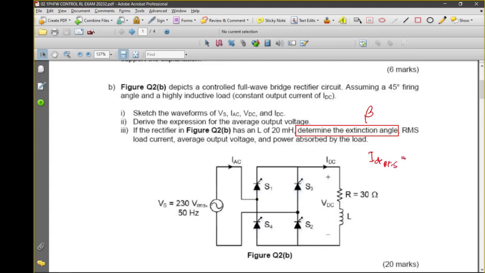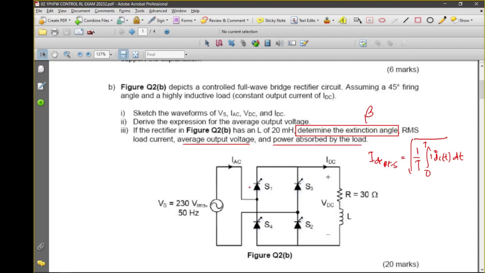Okay, so that will be equal to the root of the mean, which is 1 over T, you integrate through to T, the output current IDC(t) dt, you square the current, isn't it? So that is the general equation. Okay, so you need to get the RMS load current, average output voltage, and power absorbed by the load.